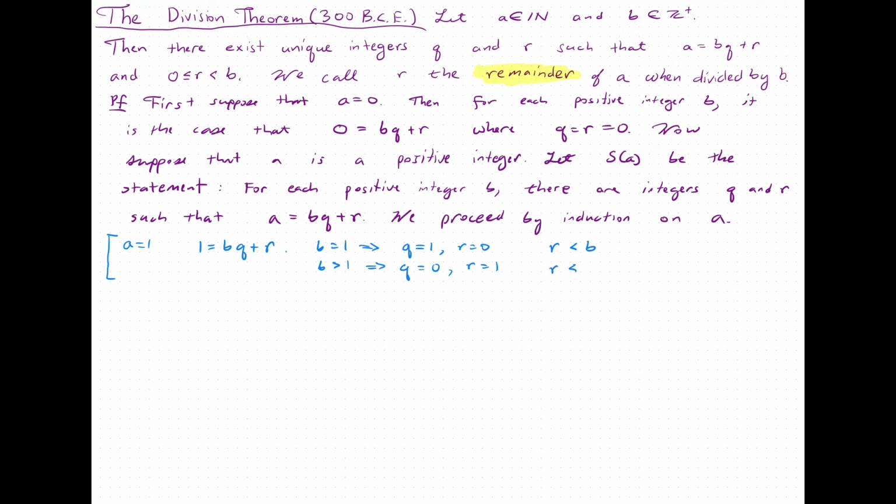Since now we have 0 is less than our b, which in this case happens to be 1. And down here, b is greater than 1. And now our r is 1. And so that's the idea behind the base case. So we have to consider these two possibilities, since b is allowed in the statement to be some arbitrary positive integer.